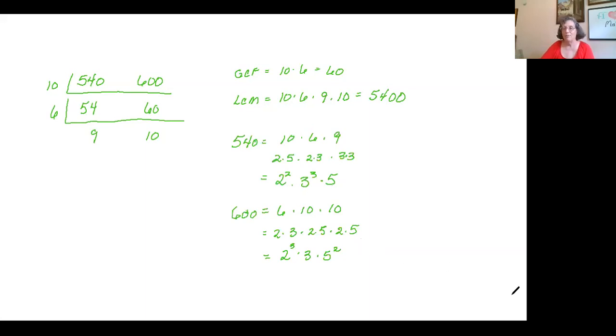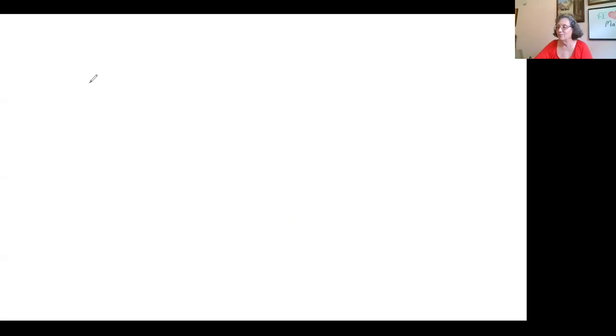So what about the problems where you've got 3 numbers? Now, I tried this out with a student just a while ago in hopes that we could do all 3 of these at once. Didn't work.